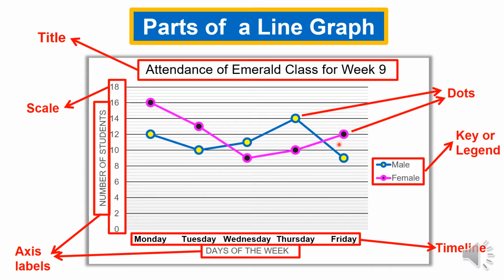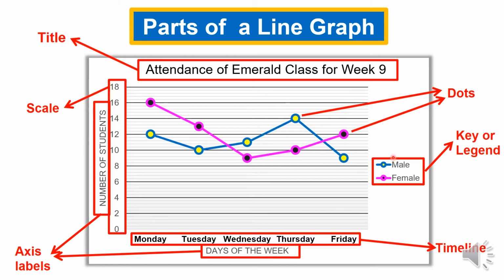So how do we read a line graph? For example, this dot, whatever time is being aligned. So this is Thursday, and we have here 14. In the title, it gives an overall description: attendance of Emerald class for week 9. That means on Thursday, there are 14 attendees.